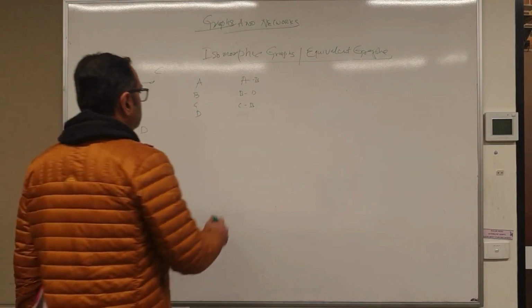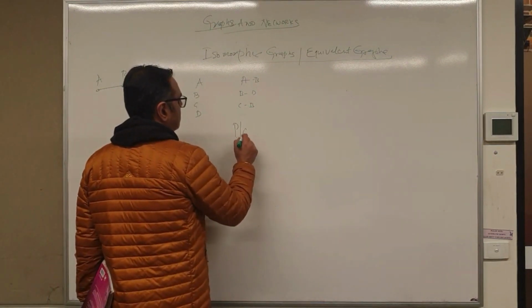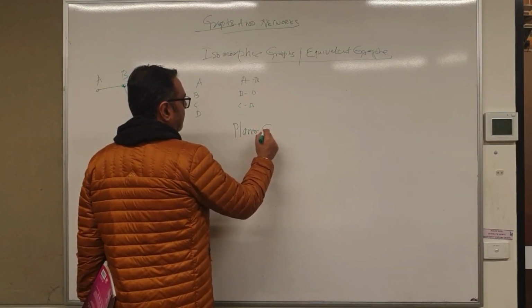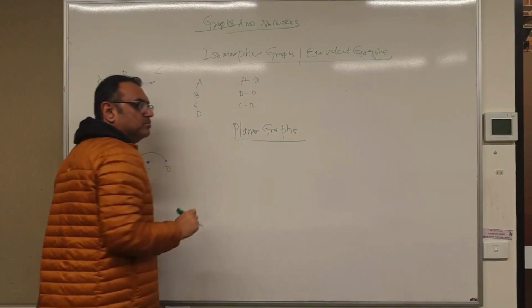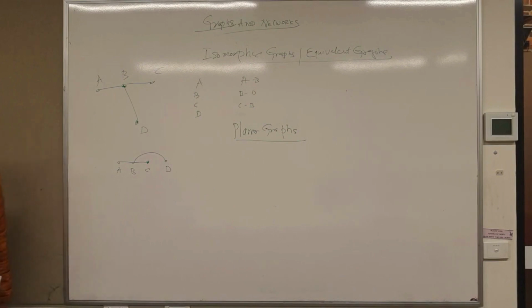Then we talk about something called planar graphs. Planar graphs are those graphs where the edges don't overlap.